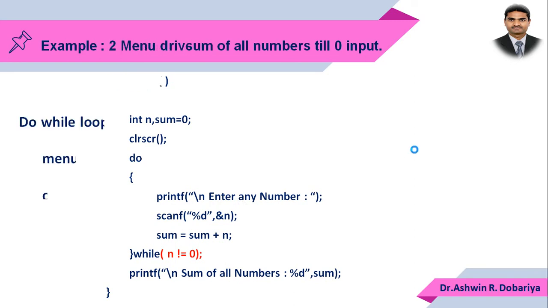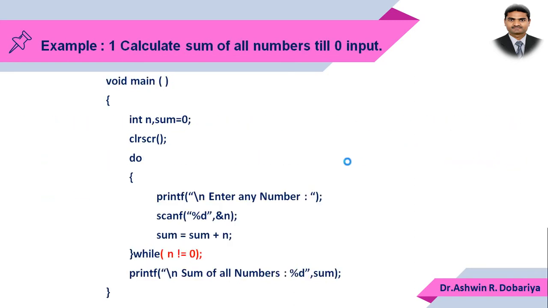First suppose I input 5, then 5 will be stored into n, and 5 will be added in the sum variable. Again 5 is not 0, which means this condition becomes true. Again the control will transfer over here, and it will ask for another number. Suppose the second time I input 10, then 10 will be overwritten in the n variable, then the previous sum 5 plus 10 becomes 15. Now sum becomes 15.